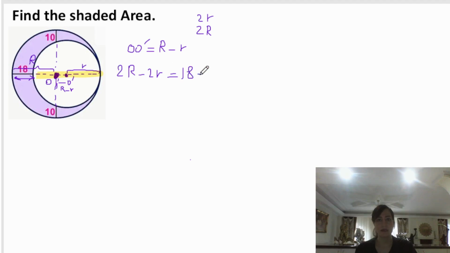Both sides divided by 2, I will get capital R minus small r equals 9. So O prime, which is here, equals 9. The distance between the two centers is 9.